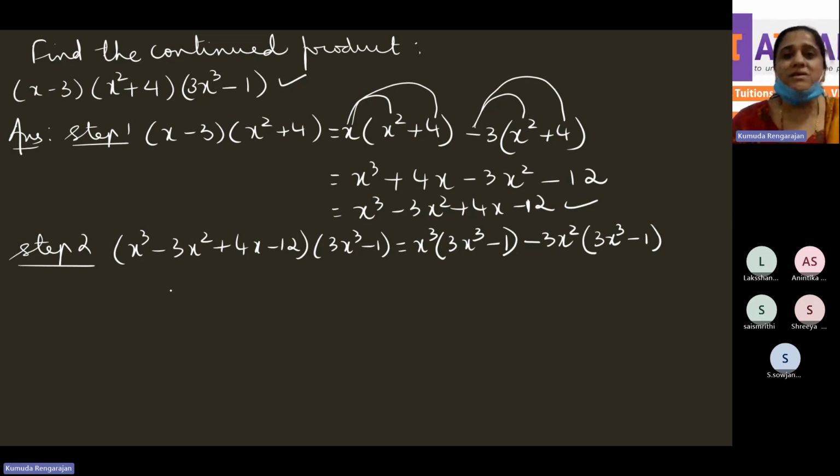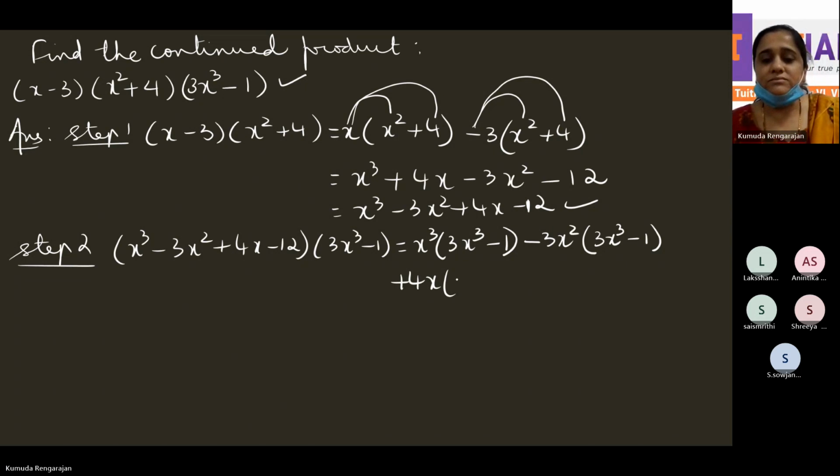So now what's the third term in the first bracket? Plus 4x, plus 4x into 3x cubed minus 1.